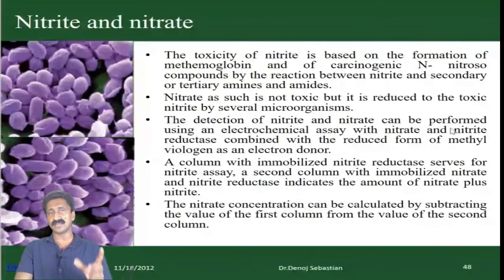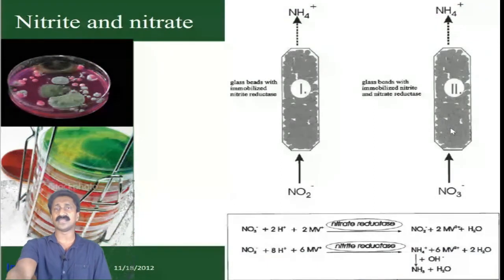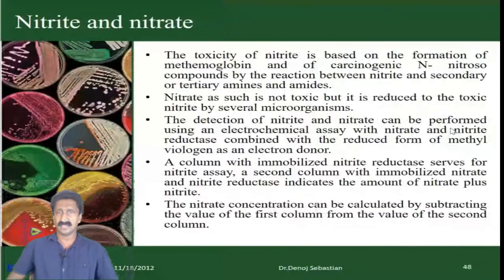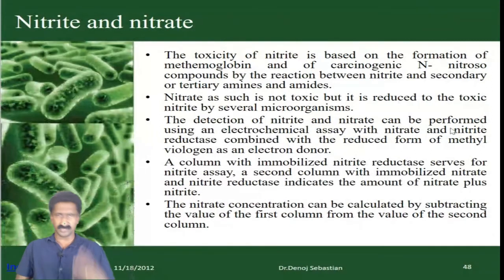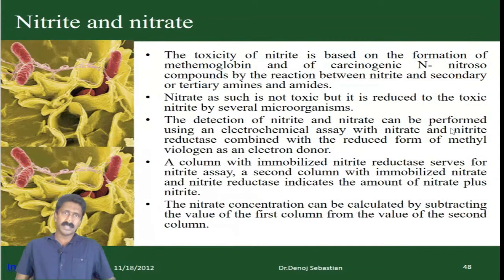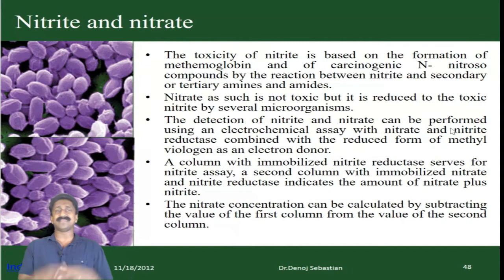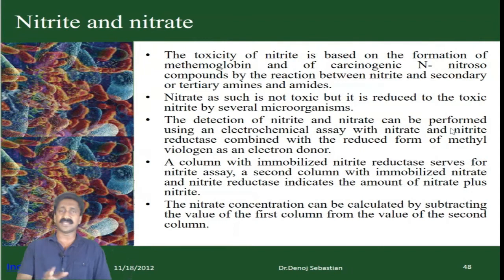So in the previous diagram that we see here, we use the glass beads immobilized with the nitrite and nitrate reductase, and then we use an electron donor, something like methyl viologen, acting as an electron donor for the detection system. A column with the immobilized nitrite reductase serves for nitrite assay, and a second column with the immobilized nitrate and nitrite reductase indicates the amount of nitrate plus nitrite.